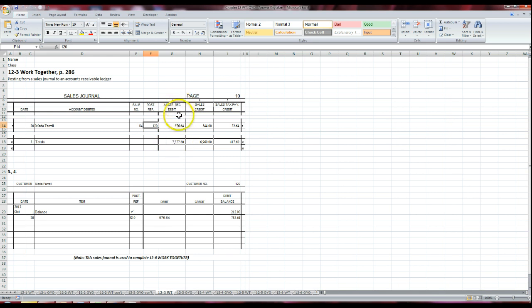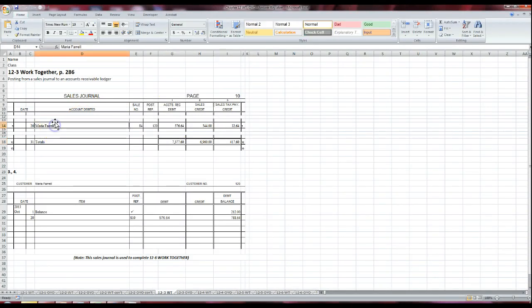So special amount columns: if it affects a vendor or a customer, it goes to that account, right? The individual amount. And then the total is what goes to the general ledger. So accounts receivable, and that has to do with when we prove our accounts receivable. Remember that we have the subsidiary ledgers, and so we add up all the subsidiary ledgers.